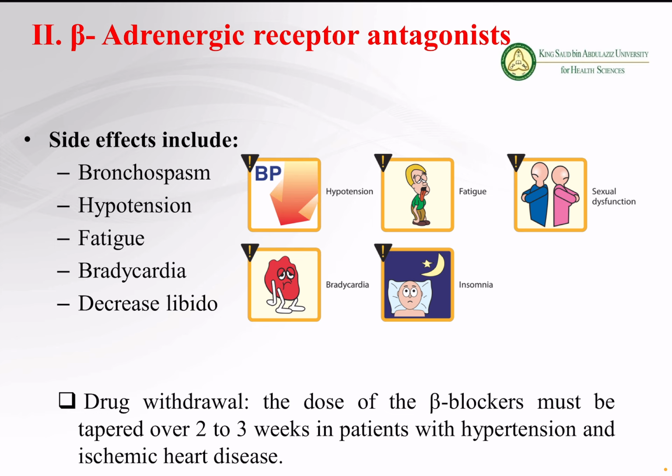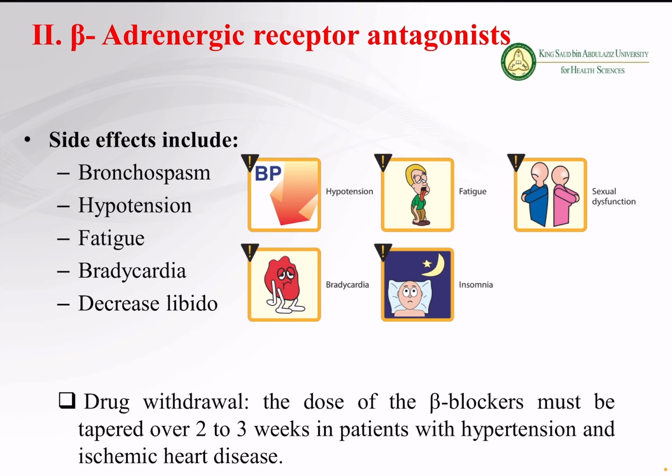Hypotension, we know why hypotension, because we are giving the drug to reduce the blood pressure. So there are chances that one may go into hypotension. And I also told you a very important point, that whenever you start any antihypertensive therapy in a new patient, for the first few doses we have to be careful, because sometimes there is a risk of hypotension.